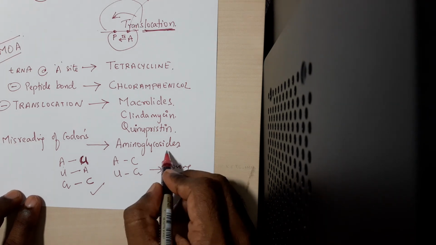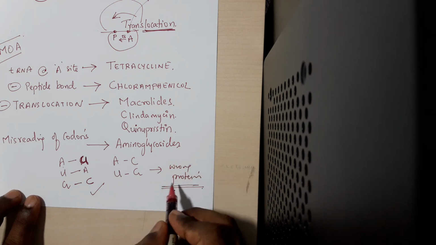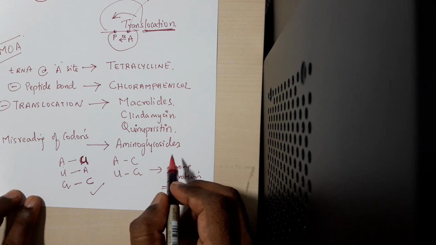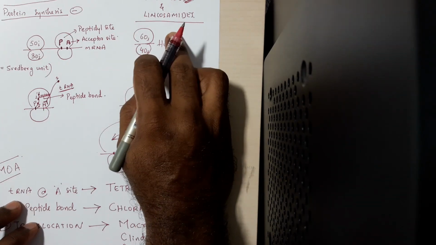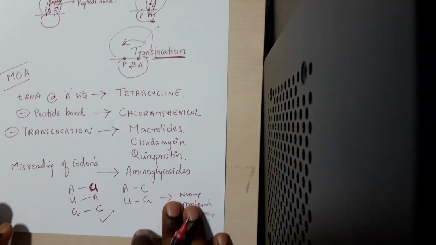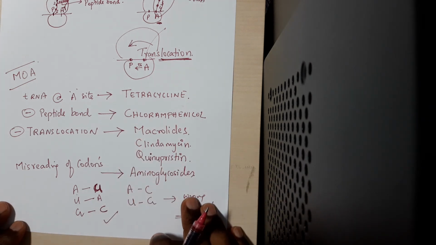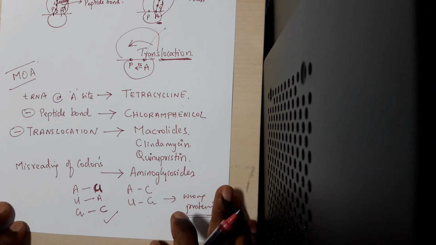Aminoglycosides are bactericidal drugs; they kill the bacteria by forming wrong proteins. Whereas the drugs which we will discuss shortly, that is macrolides and lincosamides, are bacteriostatic drugs. Hope you understood the mechanism of protein synthesis and where all the drugs act and stop protein synthesis.